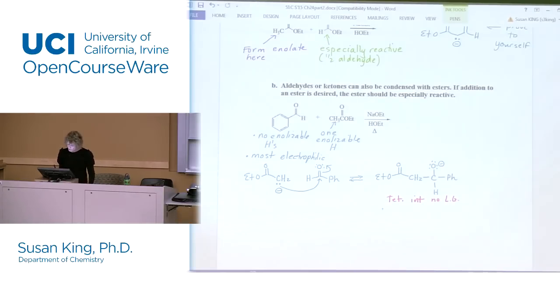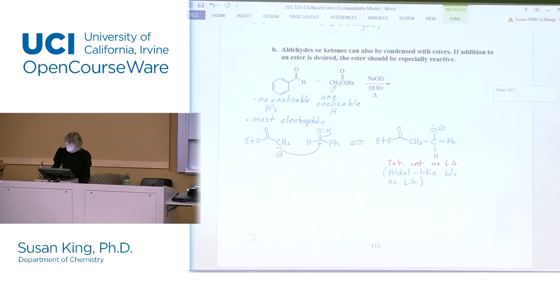And so this is going to be more aldol-like, because we're attacking a type 1 carbonyl. So no leaving group. So we're not going to get too caught up in is this a pure Claisen, is this not a pure Claisen, is it an aldol? We're not too worried about that. And so what's going to happen is we're going to protonate like we did with an aldol.